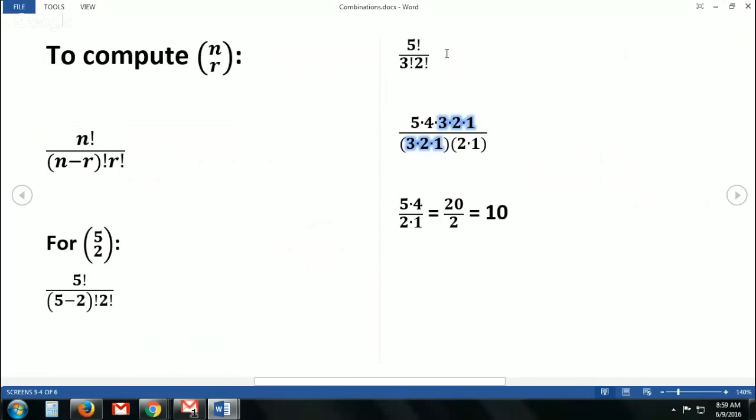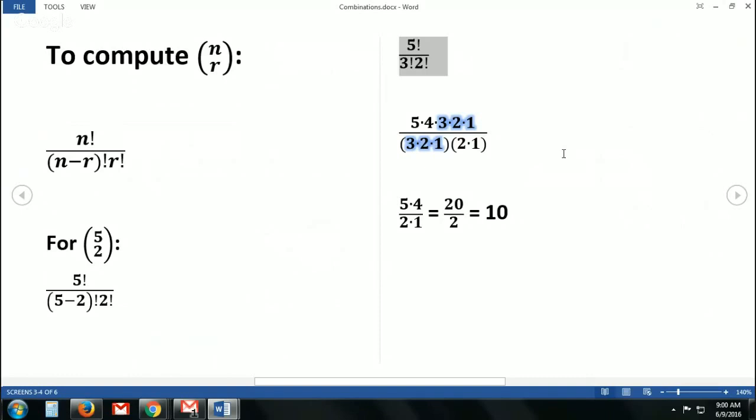Now when I go to compute this, once I combine the things that are in the parentheses, 5 minus 2 gives me 3 factorial. So I really end up with 5 factorial over 3 factorial times 2 factorial that we need to compute.